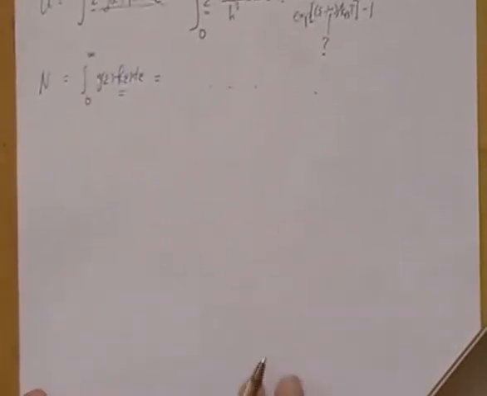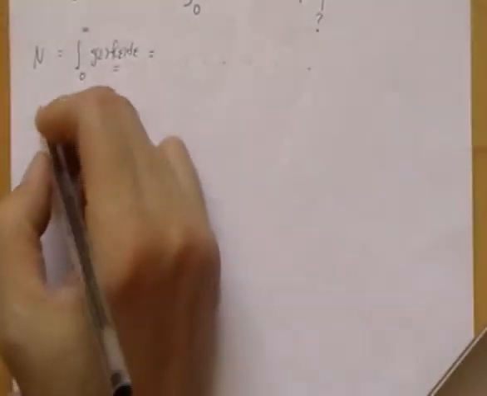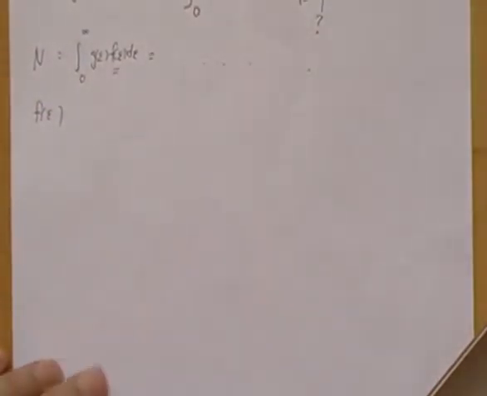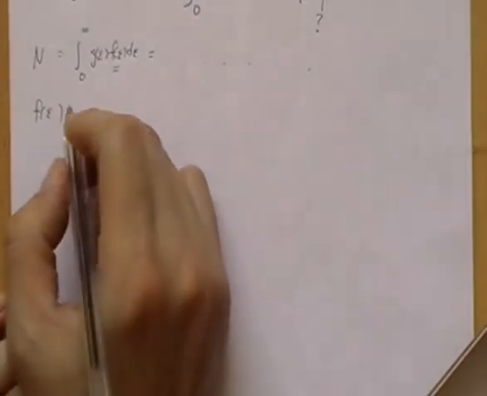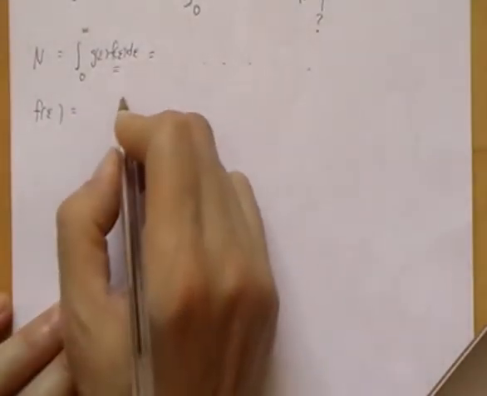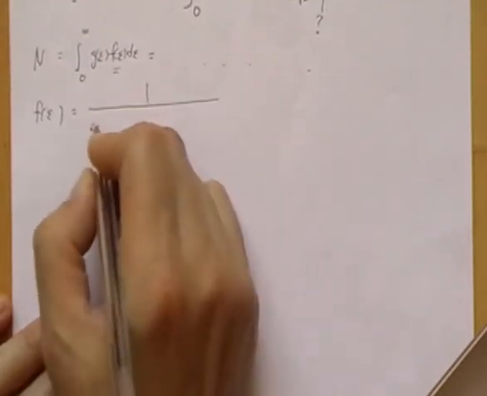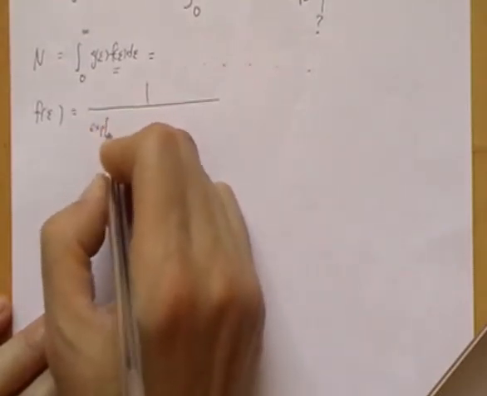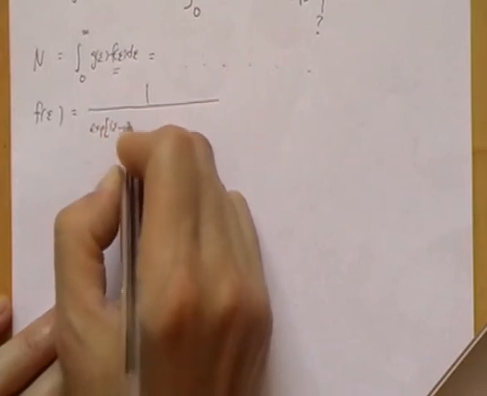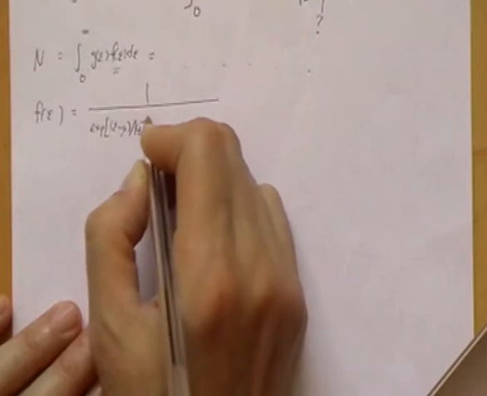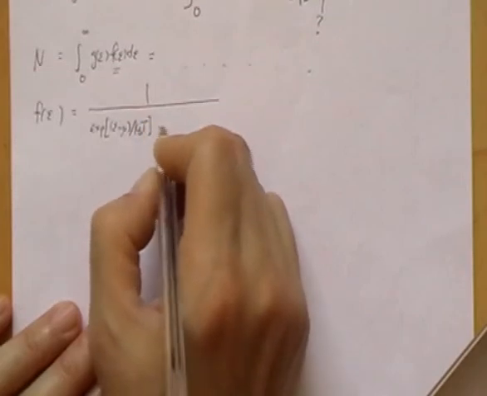So let me therefore write down F(E) equals 1 over e to the power of, minus 1.